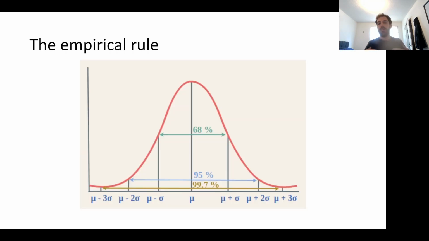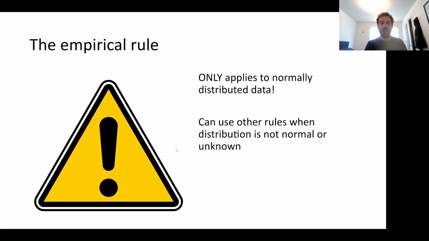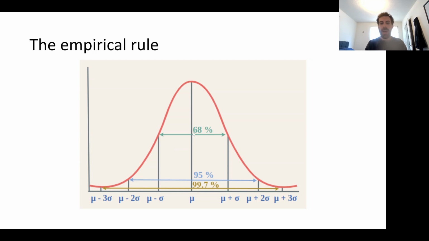So you might have heard of the empirical rule. No worries if not, but the empirical rule just says that for normally distributed data, and that part's really important, and we're going to emphasize that again later, these are the percentages of data that lie within 1 standard deviation, 2 standard deviations, and 3 standard deviations.